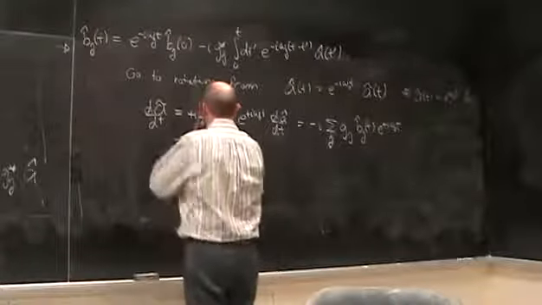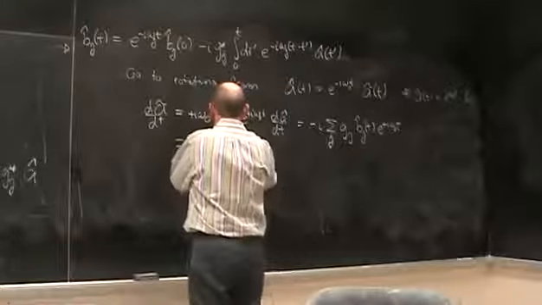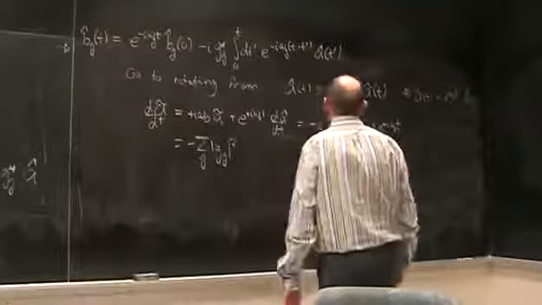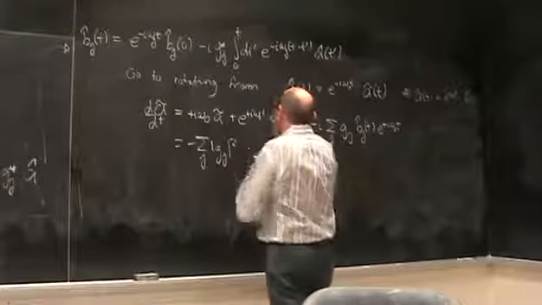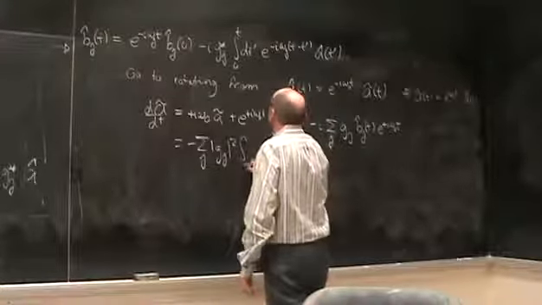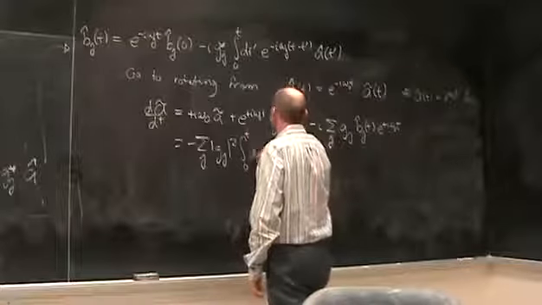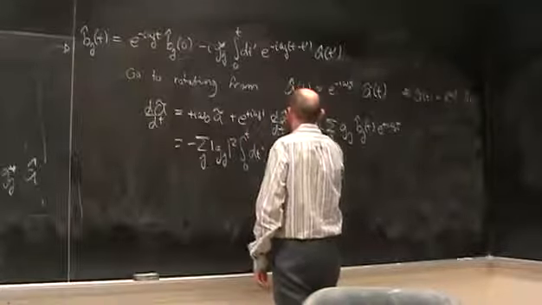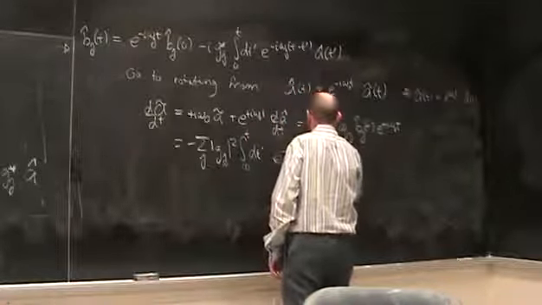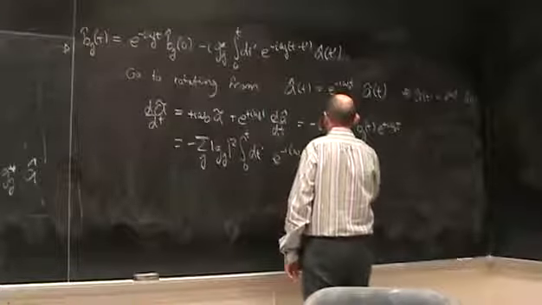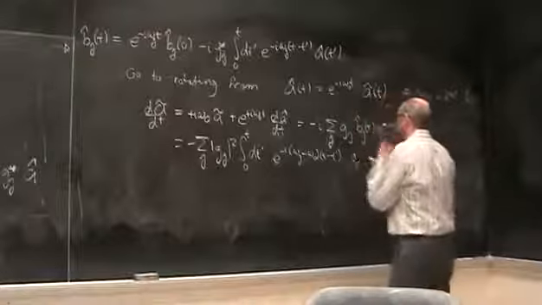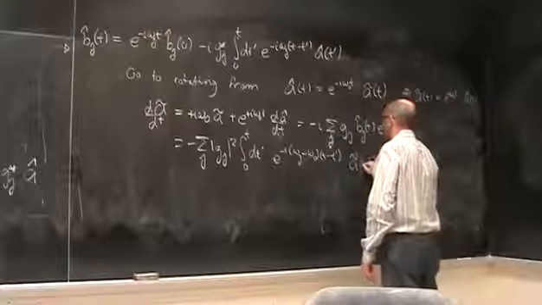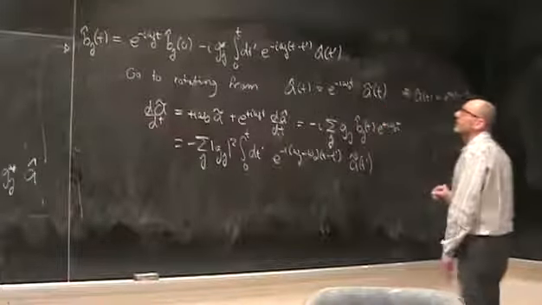Minus the sum over j of the magnitude of the coupling constant squared, the integral from 0 to t dt prime e to the minus i (omega_j minus omega_0)(t minus t prime) a tilde of t prime.